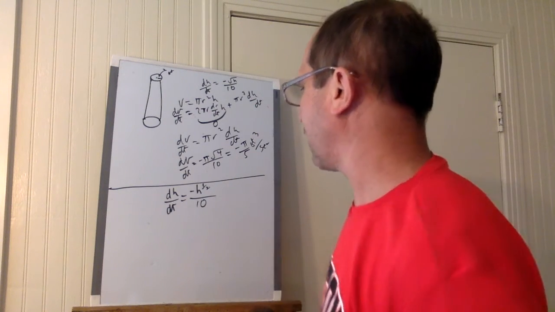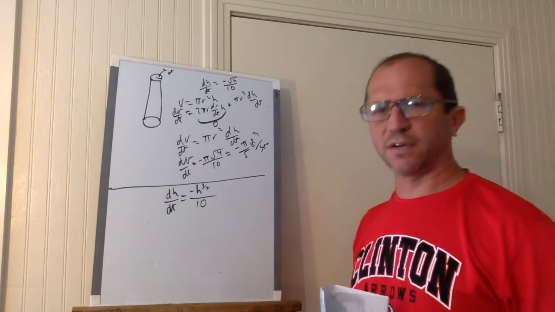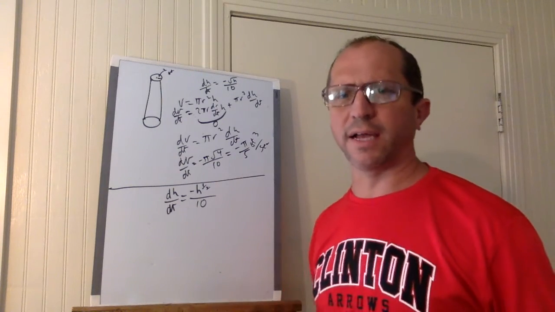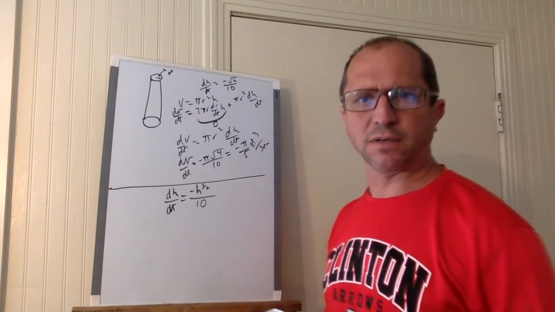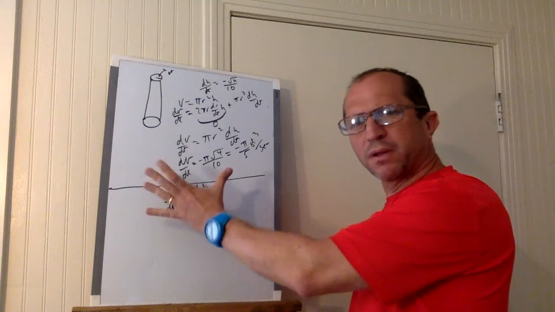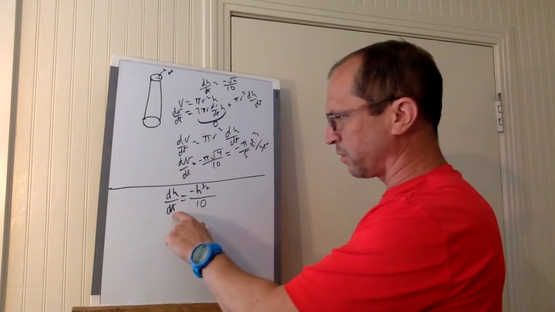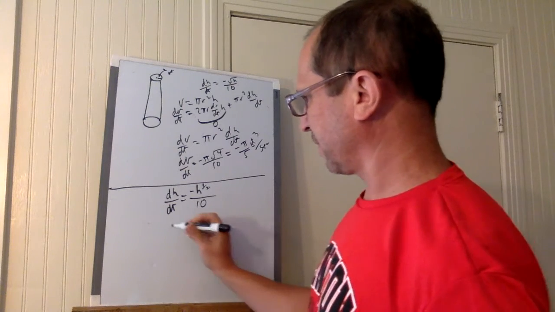All right, now it's not if the height's increasing or if the height's decreasing. It's if the rate of the height is increasing or the rate of the height is decreasing. So this is the rate of the height. So essentially what we're going to be looking at is the second derivative of height, or the derivative of the derivative.